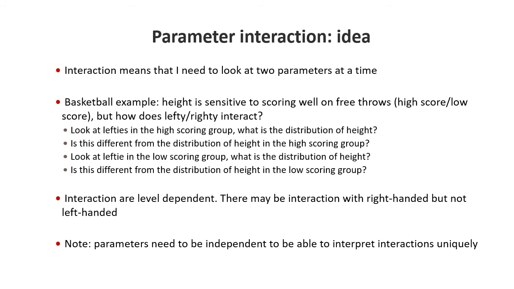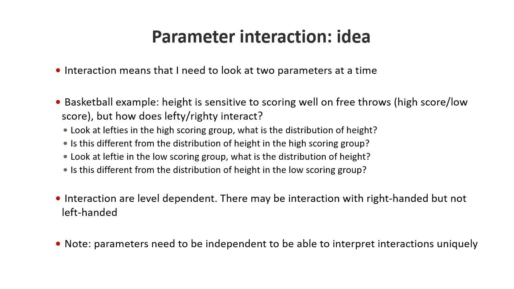We know, for example, that height is sensitive to scoring well on free throws. So you get a high score and low score for those that are taller. But what is the interaction with a person being left-handed or right-handed? The way we can establish this out of our data set is to look at the left-handed people in the high-scoring group and look at their distribution of height.